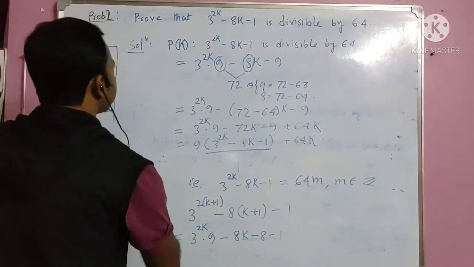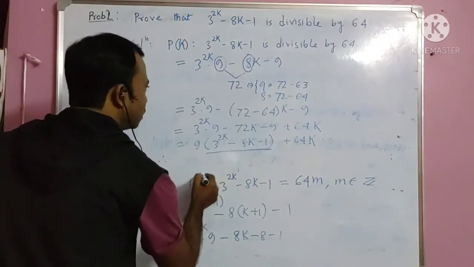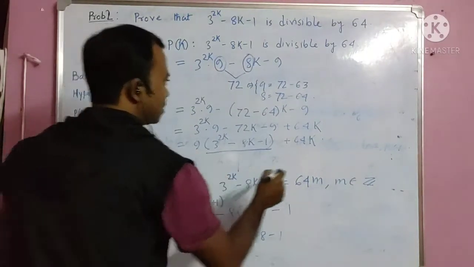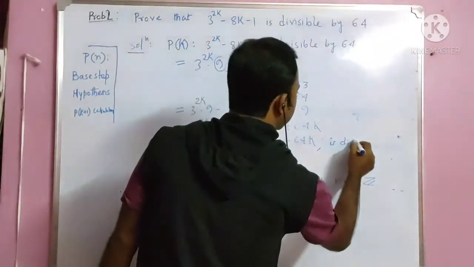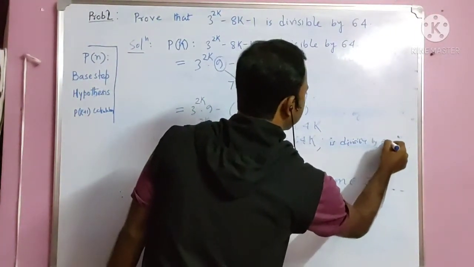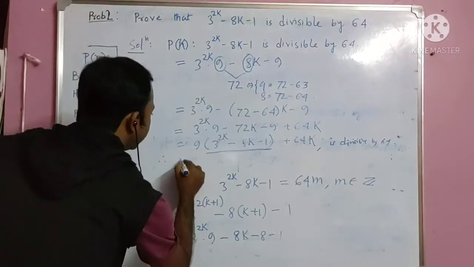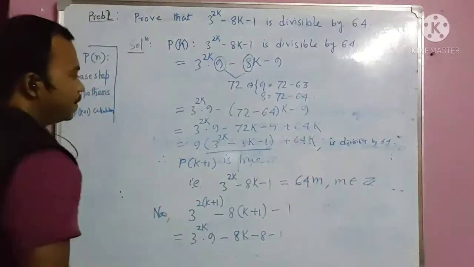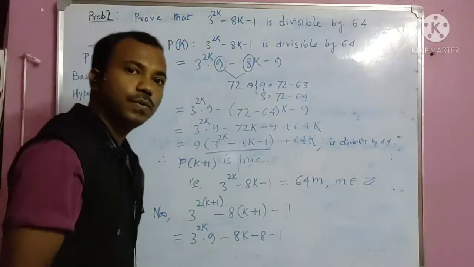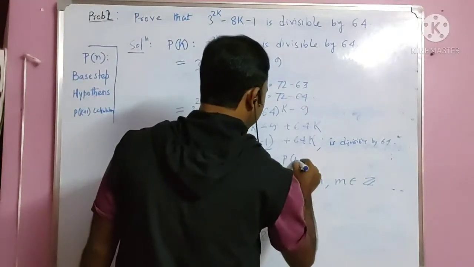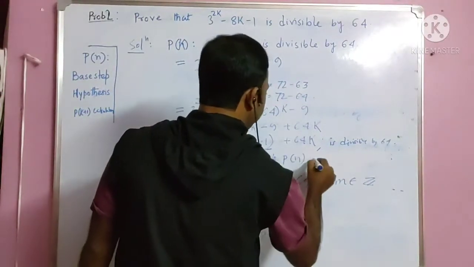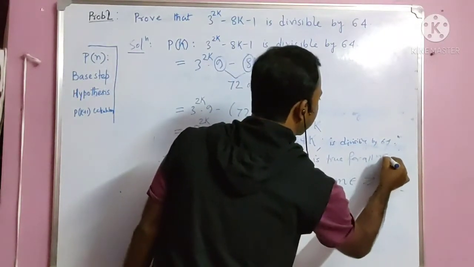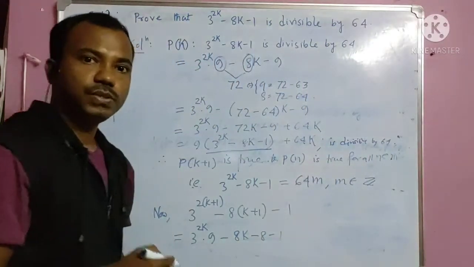Therefore, we can write that this is divisible by 64. Therefore, Pk plus 1 is true. Since Pk plus 1 is true, we can say that Pn is true for all n belonging to the natural numbers. That's what we wanted, so we are done.